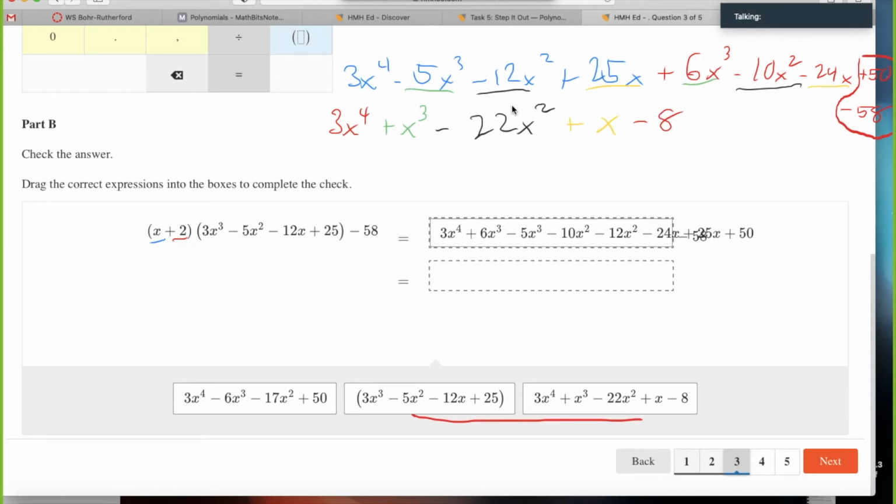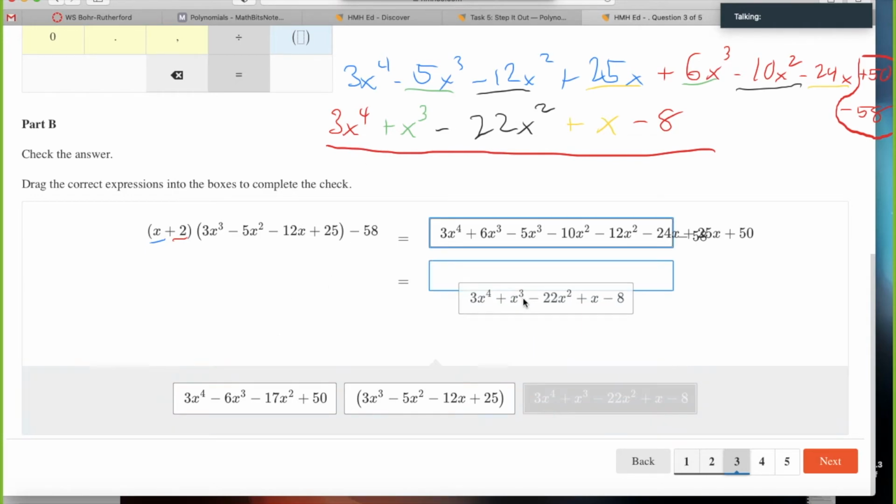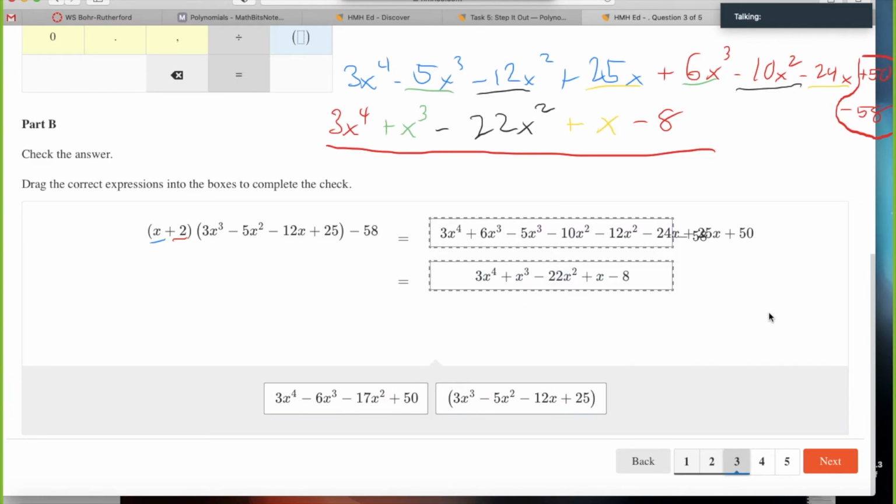So that is what goes in our next box. So that's this guy right here. Maybe in the next problem they'll give us the answer too.